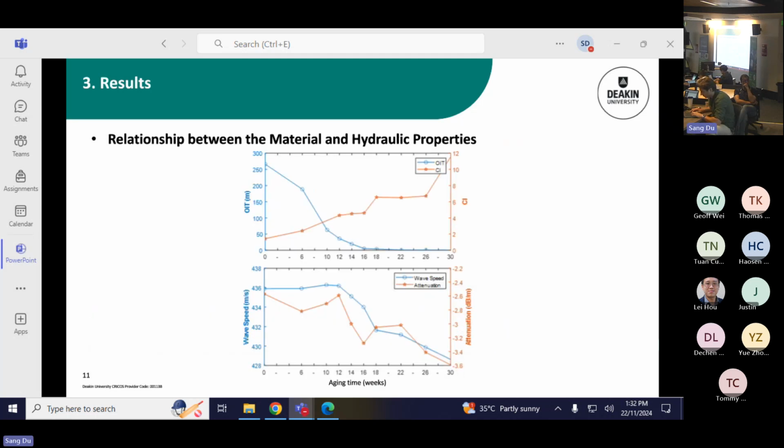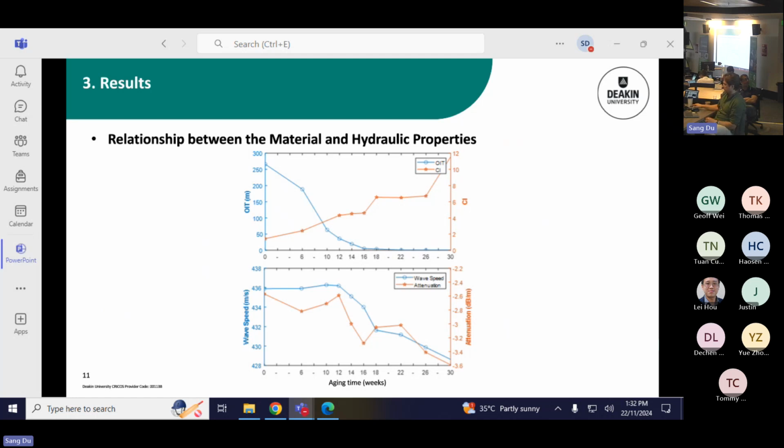So this is just a snapshot of a particular frequency, because it's frequency dependent. So now it's just a zoom in to a particular frequency, which is 1500 hertz, and we can see on the top it shows the OIT and the CI, which represents the actual condition of the pipe.